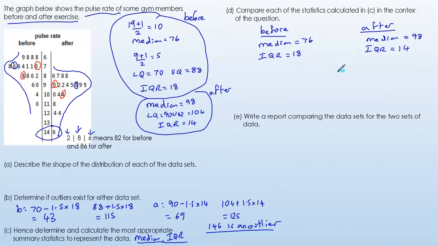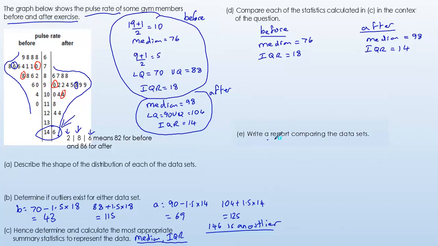Then we should talk about the spread, and we can say that there was a slightly greater range of values, or interquartile range, so a slightly greater dispersion of the rates before exercise. However, if you use the range, you'll probably find there's a bigger spread here. And that's the sort of thing I would calculate and mention.